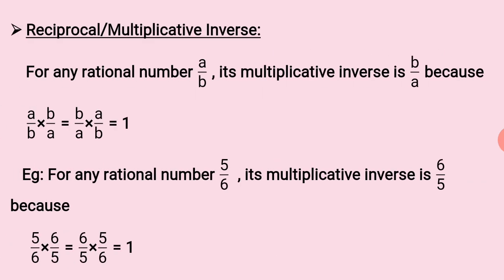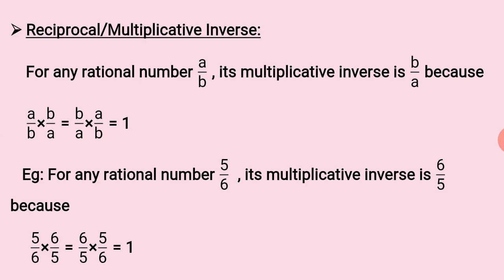It is reciprocal or multiplicative inverse. That's two names for the same thing. So for any rational number a by b, its multiplicative inverse will be b by a. We call it reciprocal also. Why is it called multiplicative inverse? Because when we multiply these two, we get the answer as 1.